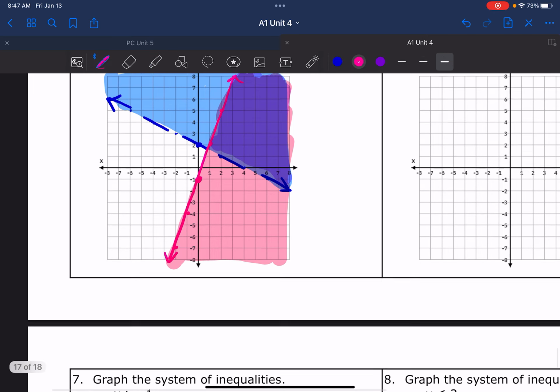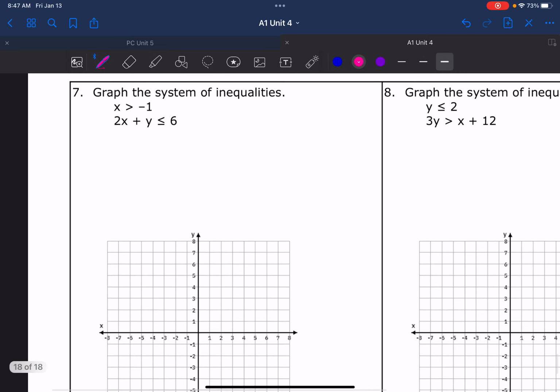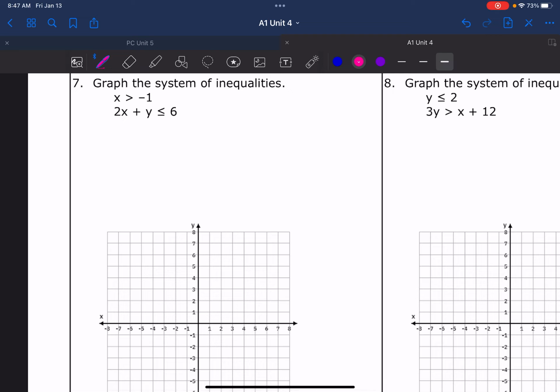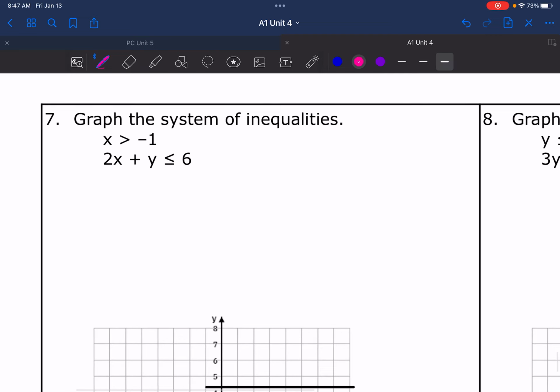Okay, so let's look at another one. So it's another one where they want us to graph the system of inequalities. So starting with that first one, let's do that one in blue. X is greater than -1. So whenever there's no y, it's just x, that's going to be a vertical line. So just straight up and down, vertical like this.